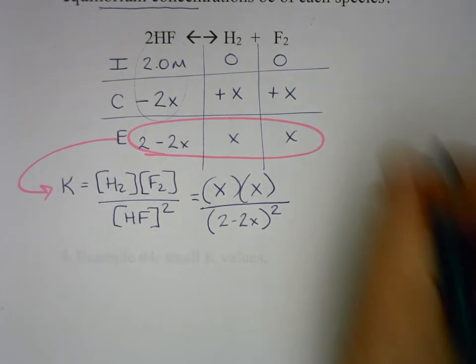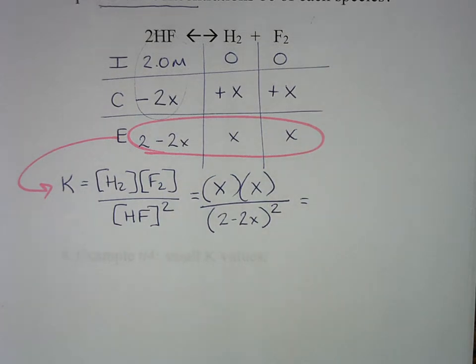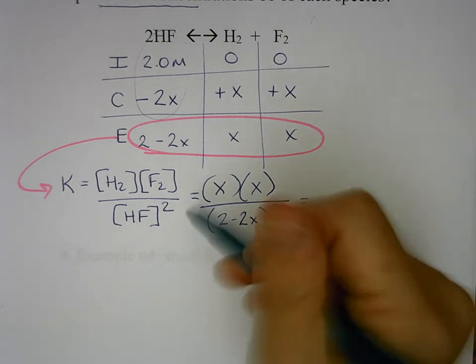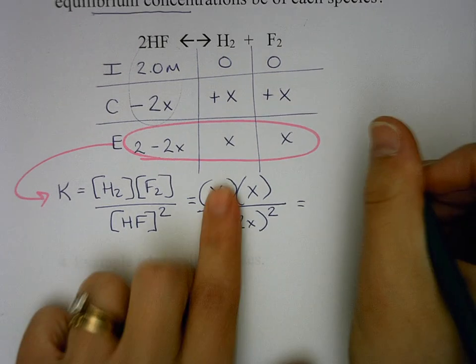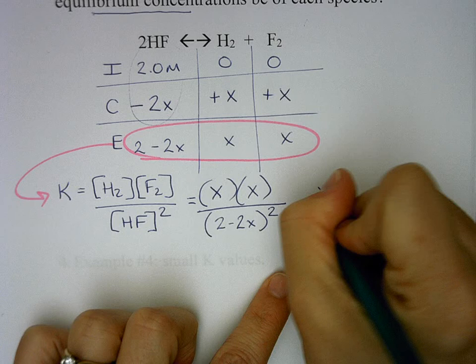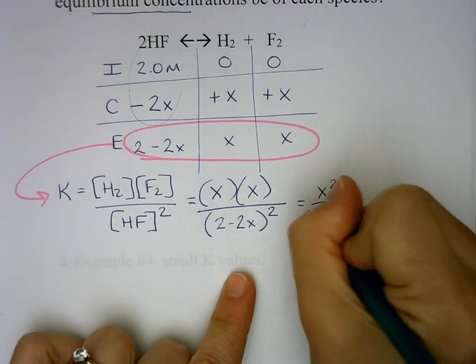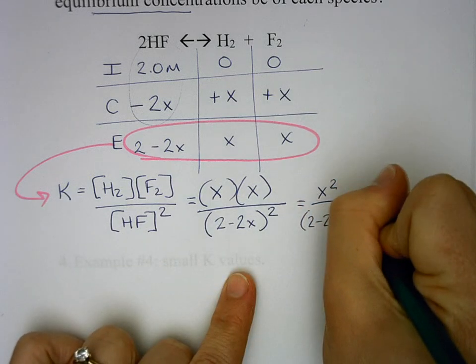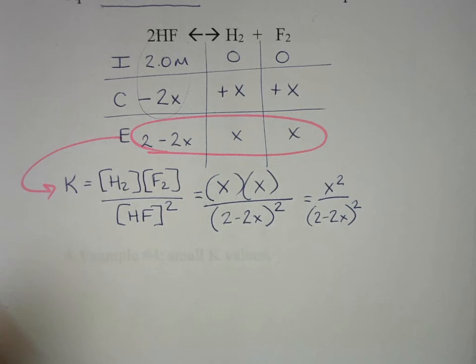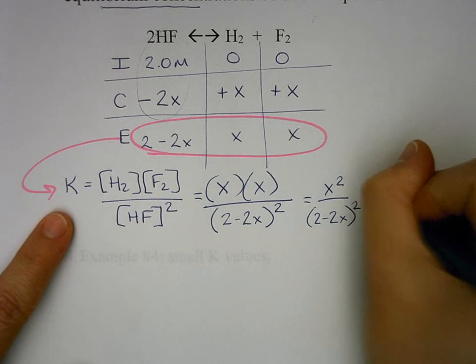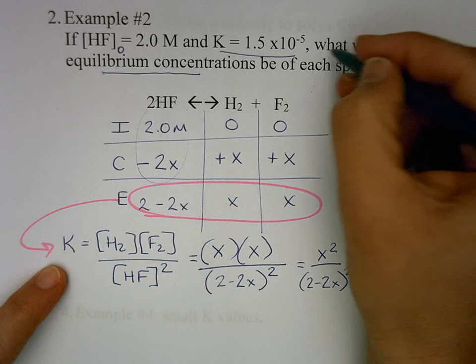Since you're dealing with so many x's, you want to simplify as much as possible. Simplifying gives me x squared over (2 minus 2x) squared, and that is equal to K. They gave me K in the problem right up here, 1.5 times 10 to the negative fifth.